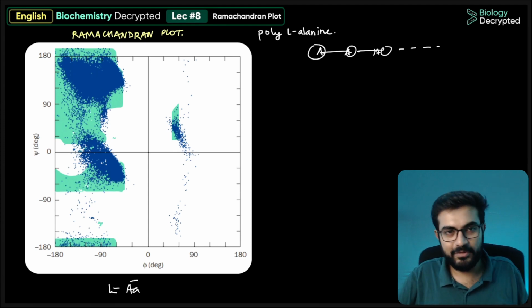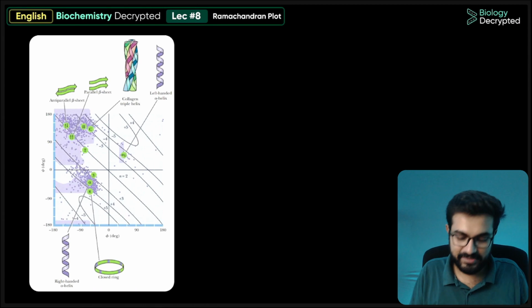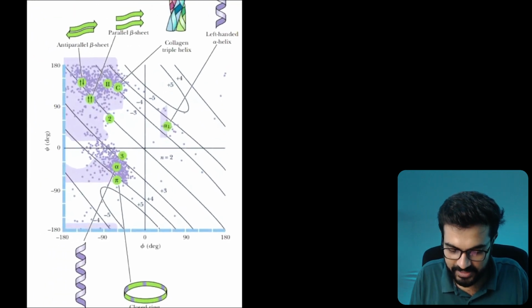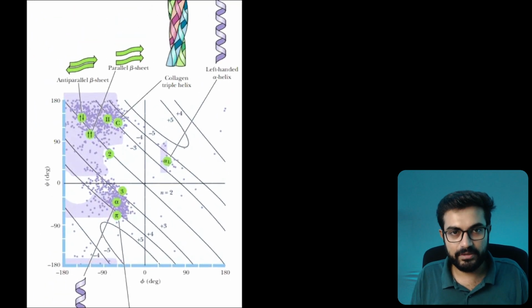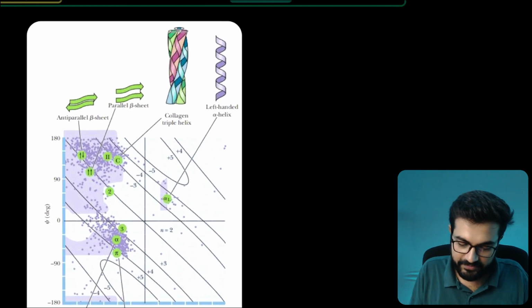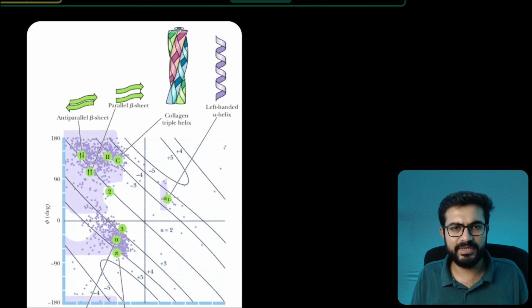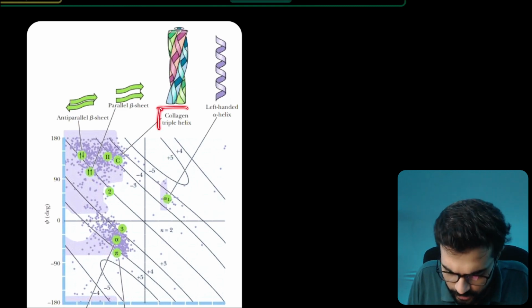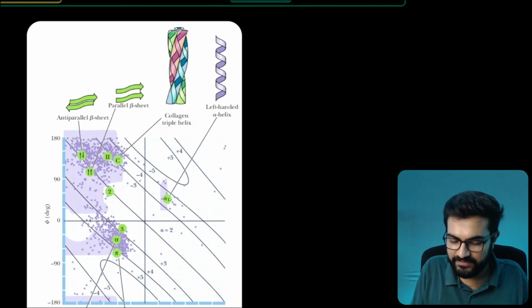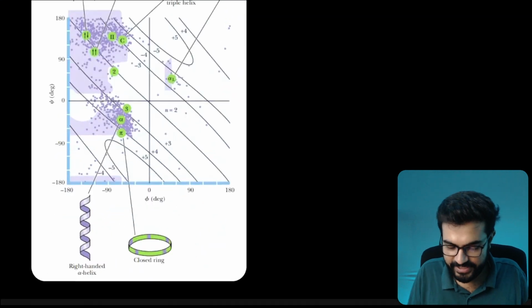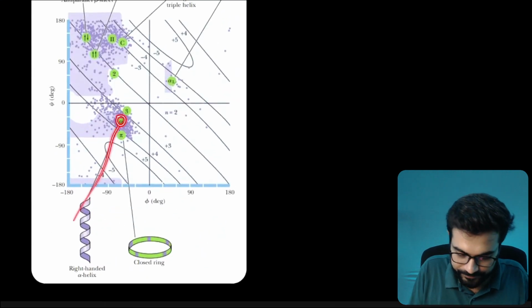Now let's continue. Let's talk about these structures. As you can see in this diagram, let me zoom it. In this particular diagram, you can see that here you have anti-parallel beta sheet and parallel beta sheets. All these are secondary structures which we will be dealing with later on. Collagen, which is a triple helical structure. Then we have the left-handed alpha helix. Also, we have the right-handed alpha helix here.